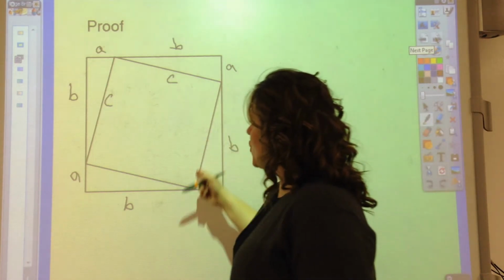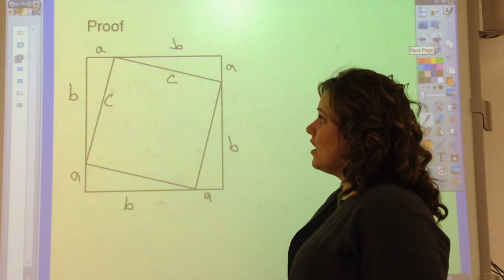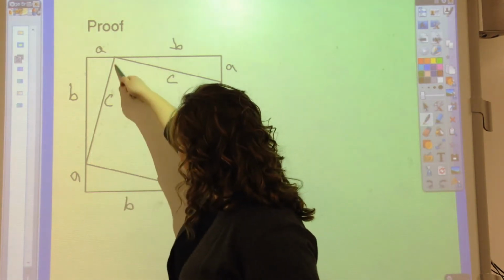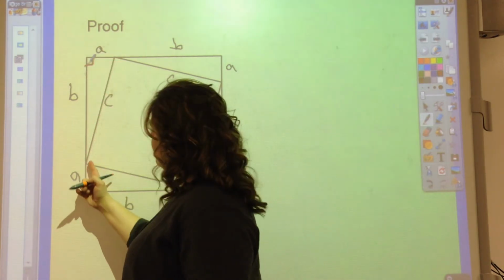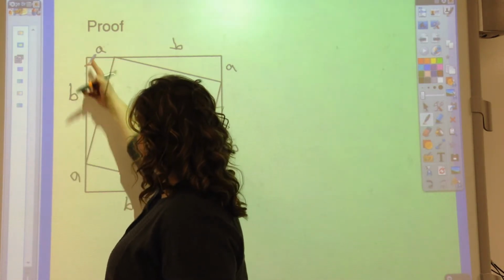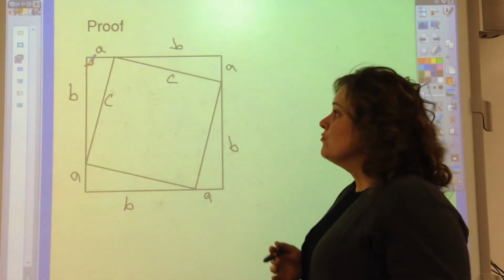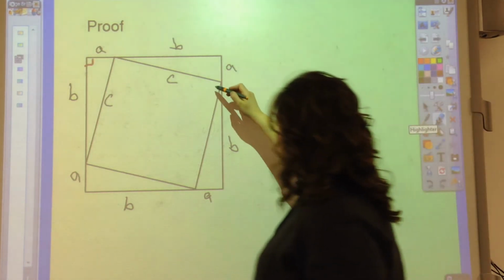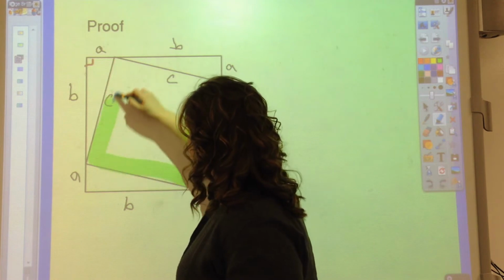If we have an inscribed square inside of another square, notice that the hypotenuse here that's created with this right triangle is c. And we'll call this length A and this length B and this A. So notice that it's the same for each. So let's find the area of my shaded region in here.